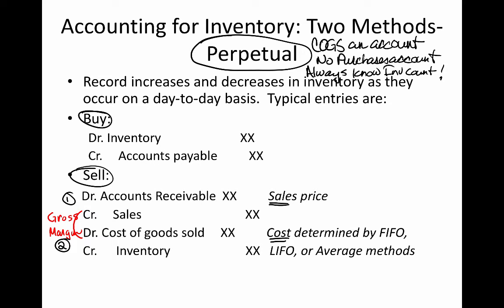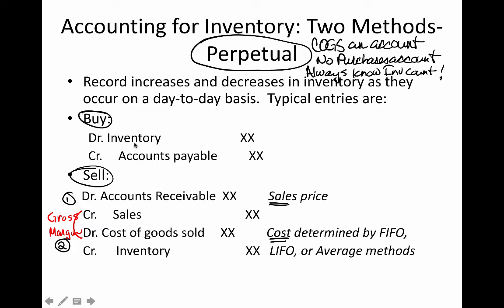So that's periodic. That's no computer, no RFID tags, no scanner. The more common method used today is perpetual, meaning you have a computer, you have a scanner, you have RFID tags and barcodes.